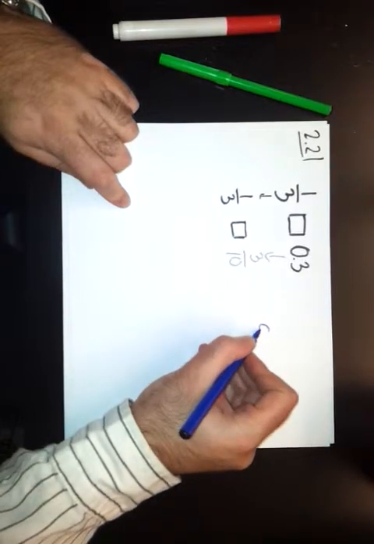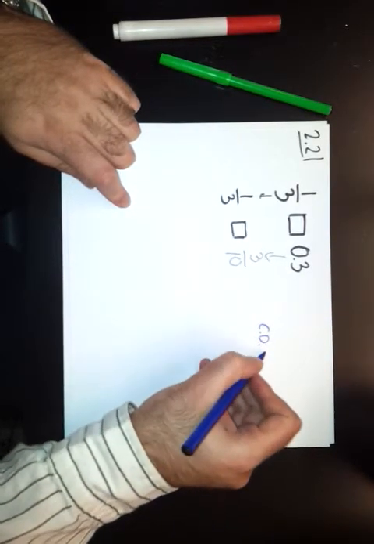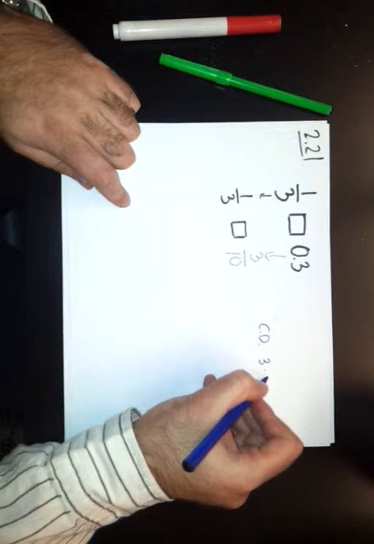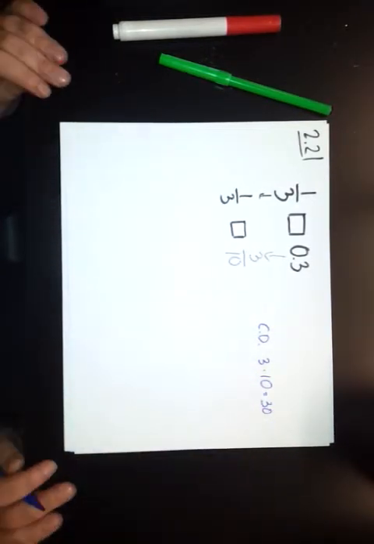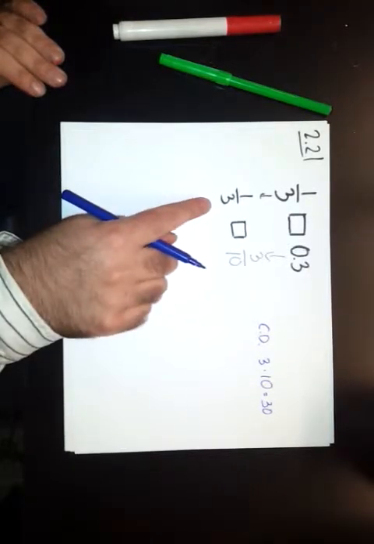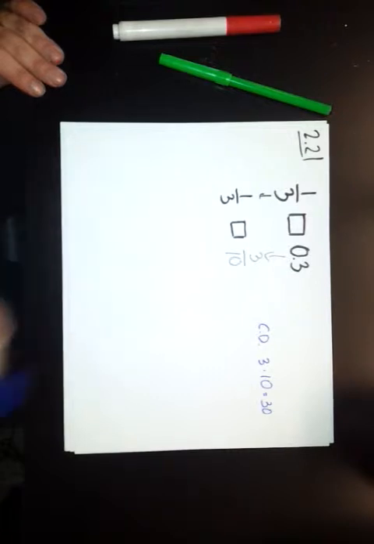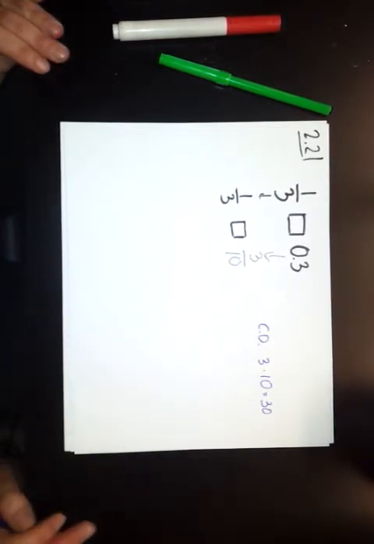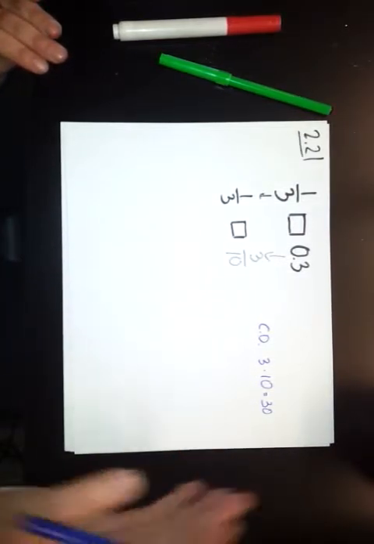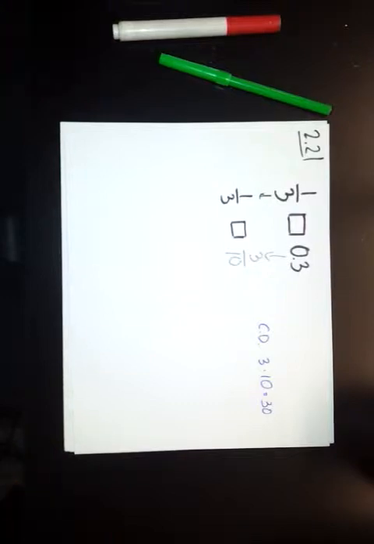So the common denominator is going to be 3 times 10, which is 30. Now you can look for the least common denominator, but you're not going to find one because there's no way that you're ever going to find a 3 in the multiples of 10. So 30 is about as good as it gets. That's fine. We can work with that.